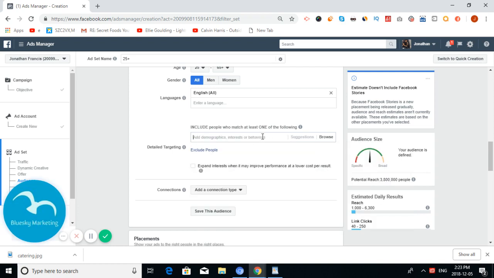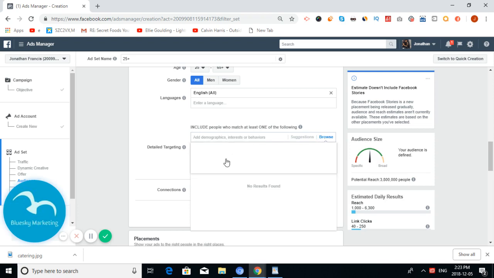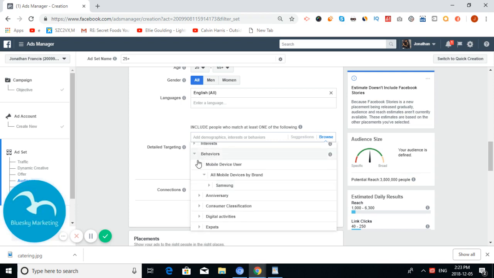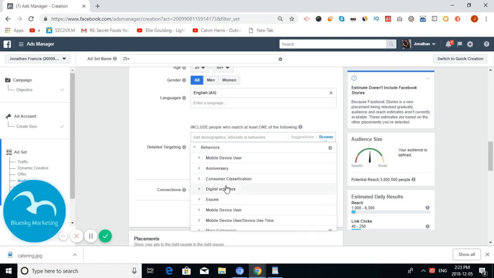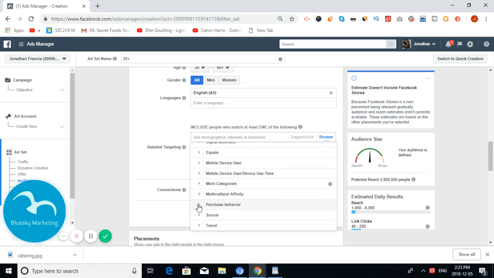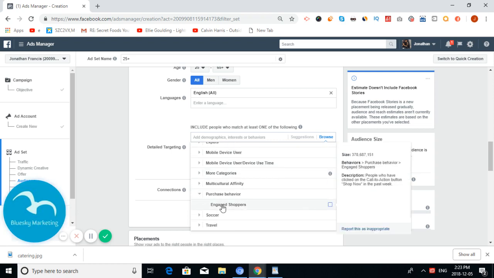And that's the benefit of Facebook ads. The other section I did not show you is behaviors. And this has information such as if the person is a mobile device user, right? By which brand, Samsung, etc. This could be good if you're selling like Samsung phone cases. Let's just say purchase behavior. Are they engaged shoppers?